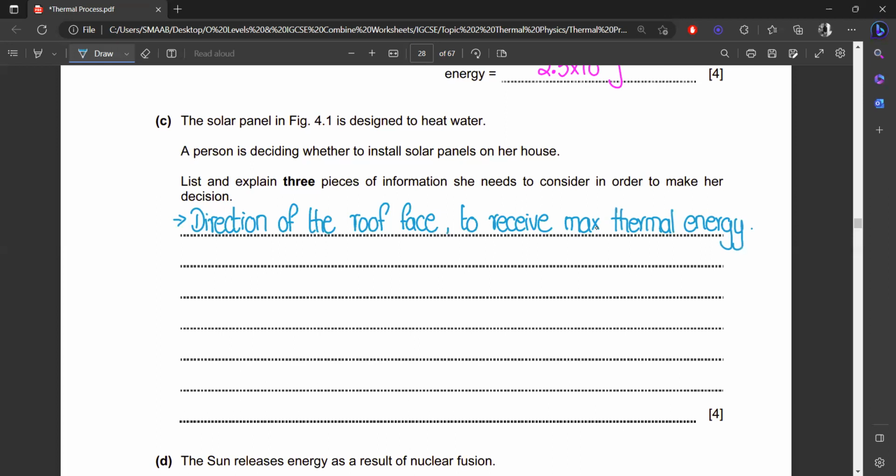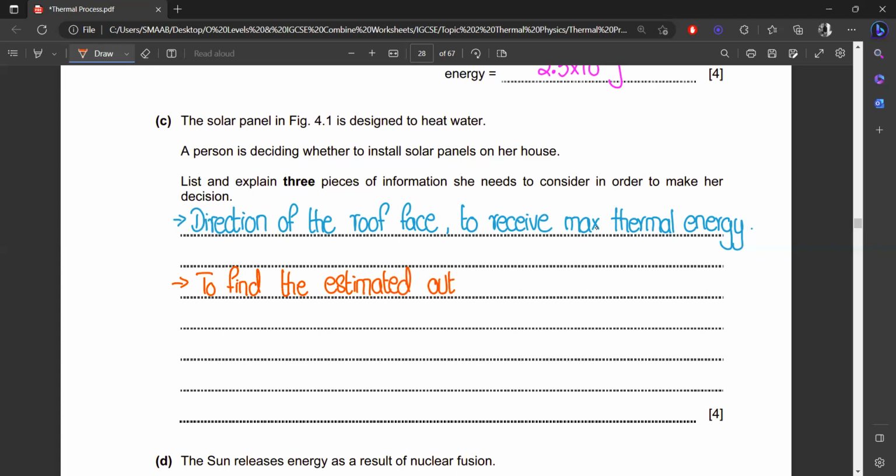And if we talk about the other feature, it is related to what will be the output of the solar panel, right? Because let's suppose we want to install it for the whole house setup, so we need to check what will be the output of the solar panel which we are using according to our requirement. In this question, you don't need to answer related to convection or some scientific process.